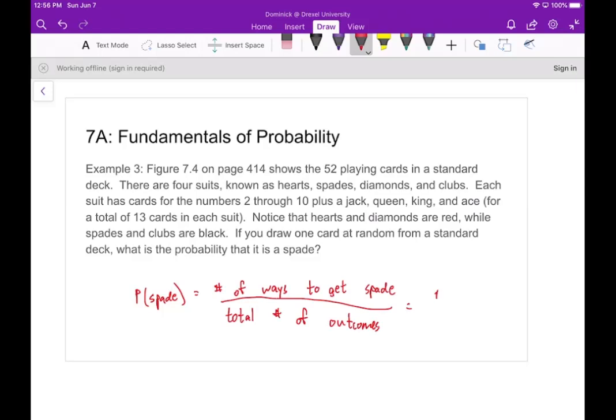Well, there's 13 spades in a deck because there's 13 of each suit, and the total number of outcomes would be the number of cards in the deck, which would be 52. And of course, you could reduce this if you want to 1/4, which would also be 0.25 or 25% you could think of. All right, so any of those 3 would work.